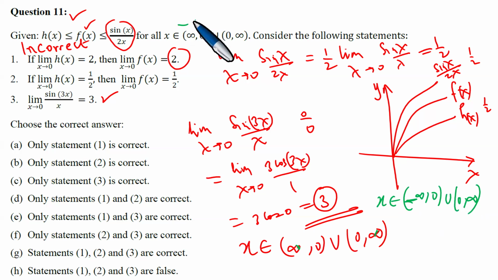Assuming therefore that this should be minus infinity to 0, x is an element of the interval union 0 to infinity.